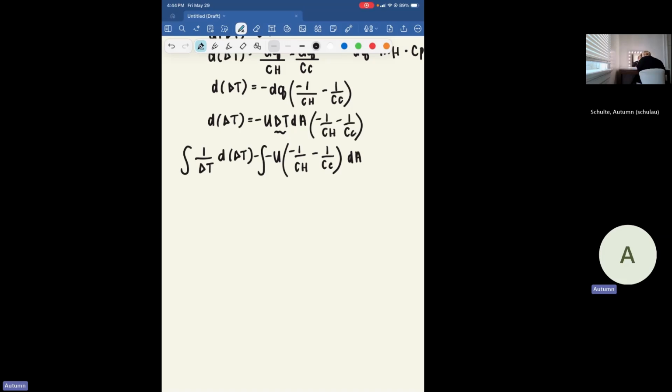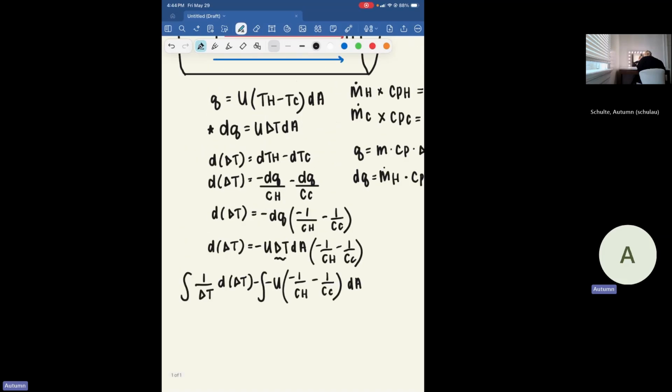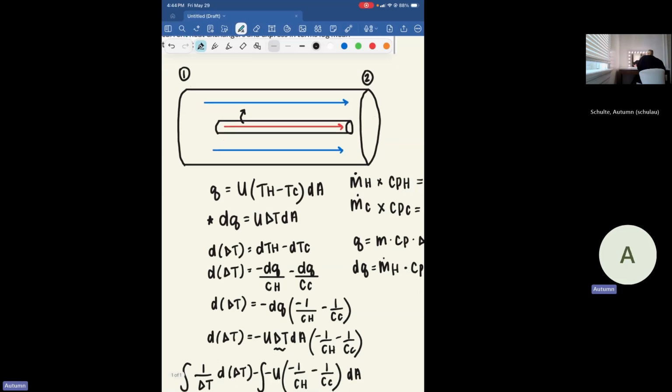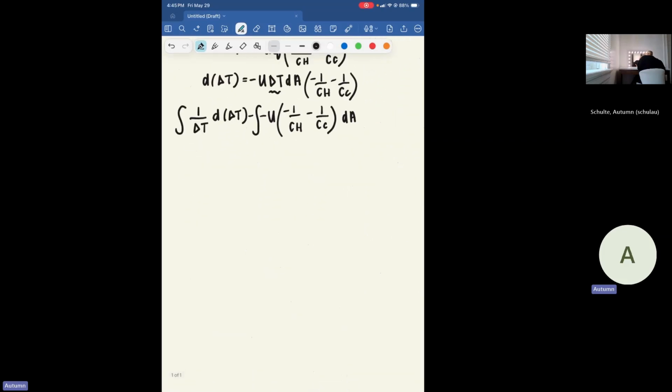So let's think about what this delta T actually means. We're going to have inlet temperatures here at position 1 and outlet temperatures here at position 2. So if we integrate this, this becomes the natural log of our change in temperature at position 2 divided by this change in temperature at position 1.